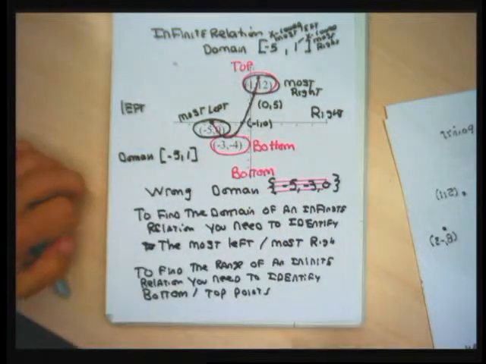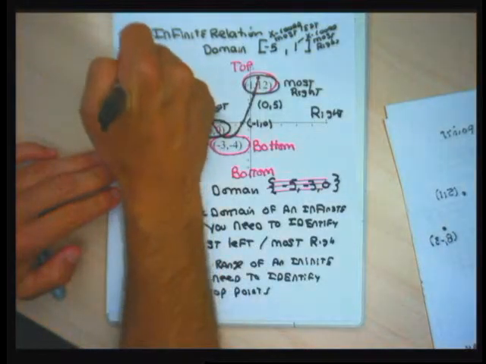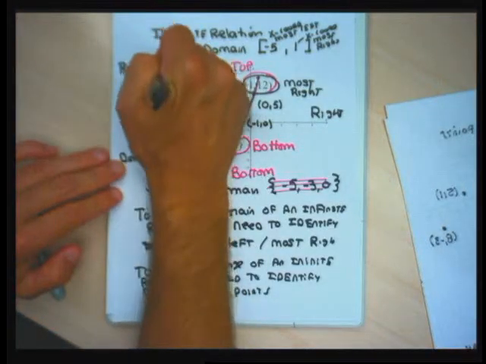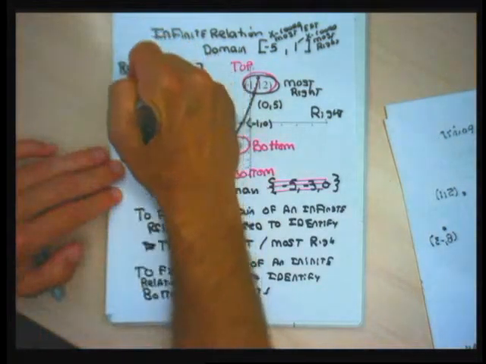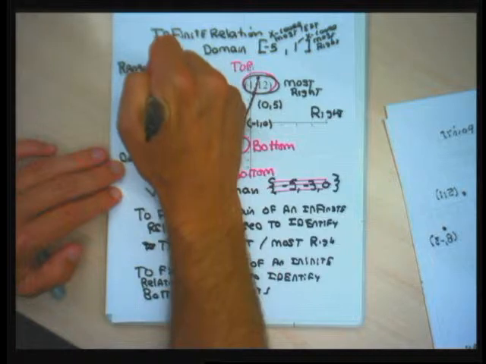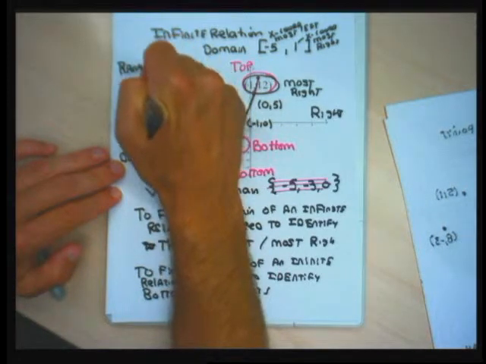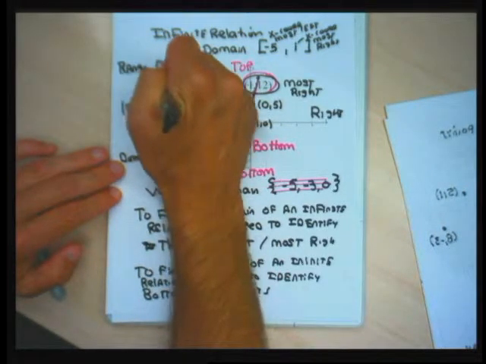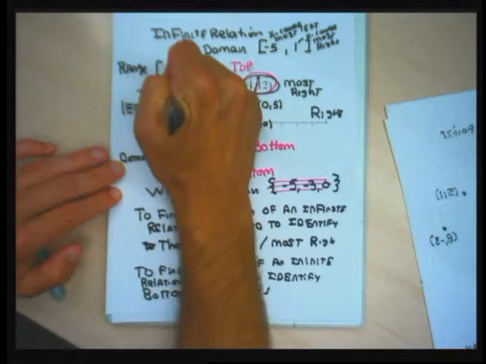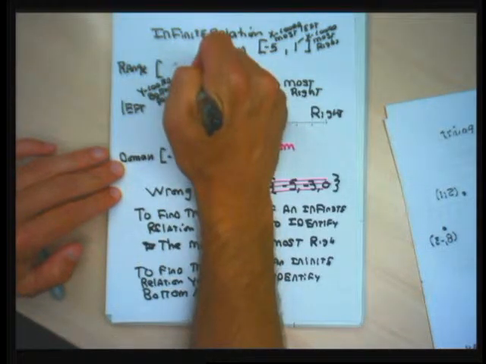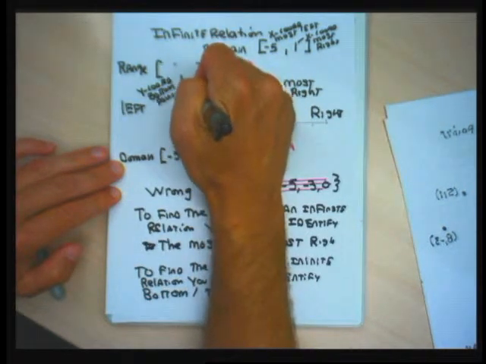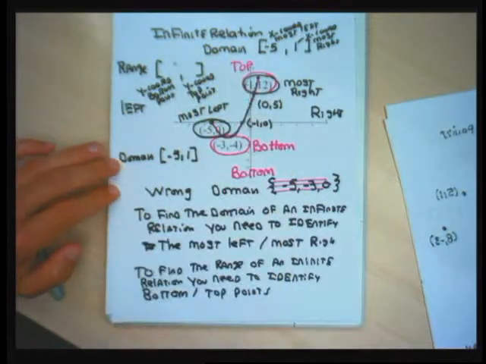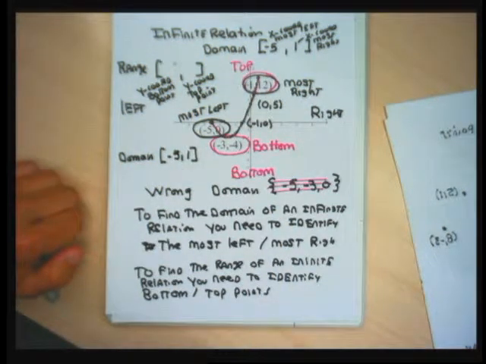To do the range of an infinite graph, I'm also going to make square brackets, comma, square brackets, and I'm going to pick off the y-coordinate first of the bottom point, and then I'm going to write the y-coordinate of the top point. So if I have the top and the bottom points identified, it's easy for an infinite relation, a relation that the points are connected, to find the domain and the range.